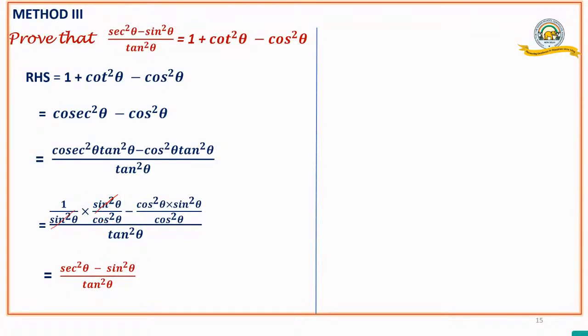So you are left with 1 by cos square theta minus, here cos square theta and cos square theta cancel off, you are left with sine square theta. Now, what is 1 by cos square theta? We already know: sec square theta minus sine square theta divided by tan square theta. So here we have proved it by taking from the right hand side and going to the left hand side. I hope you have understood.